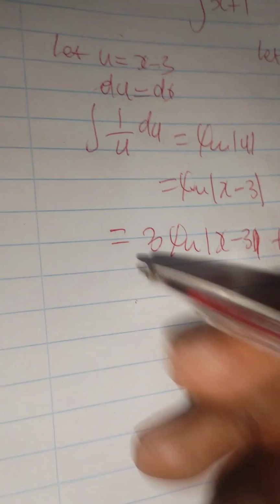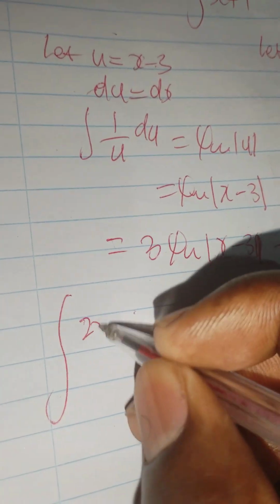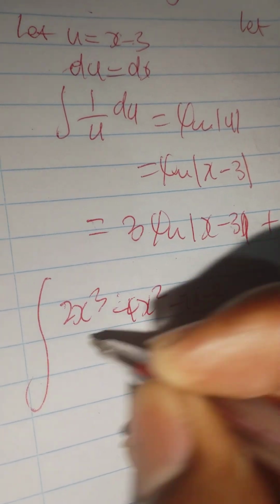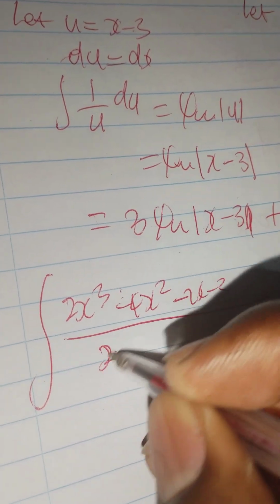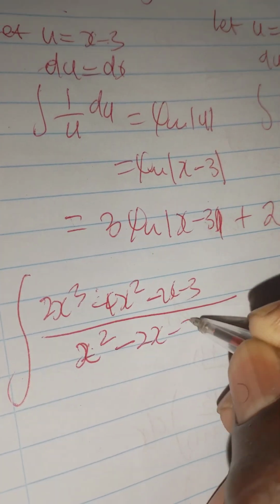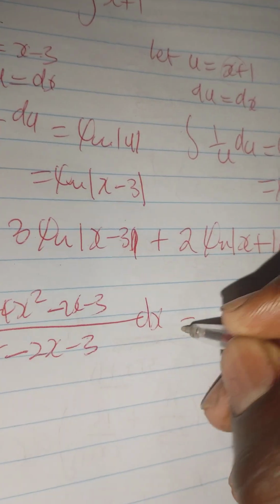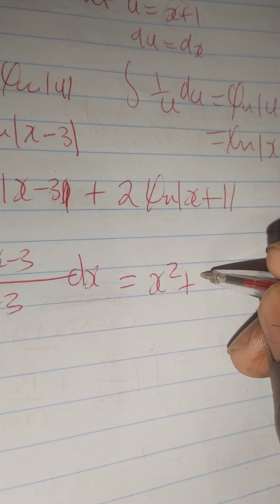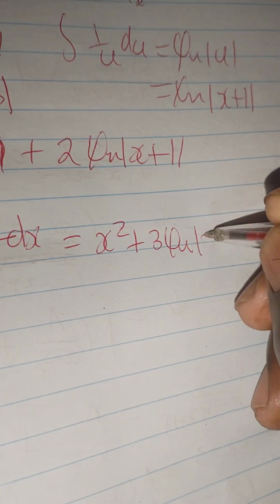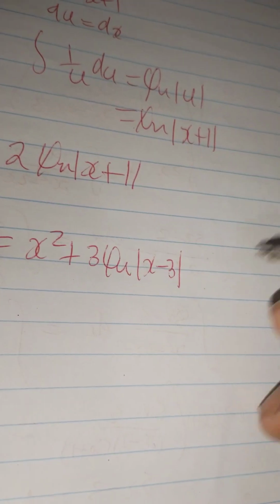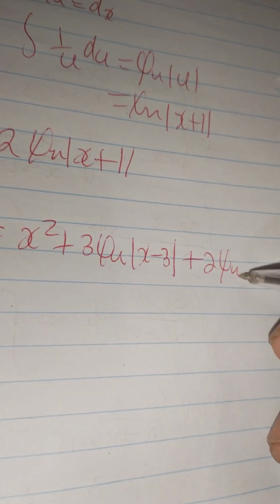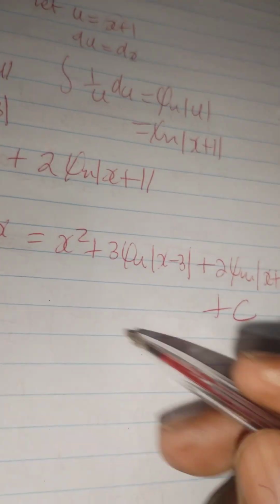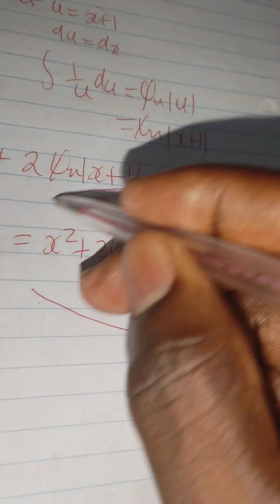So the solution to this integral is just going to be x squared plus 3 ln x minus 3, then plus 2 ln x plus 1, plus a constant c. So that is the solution to that integral.